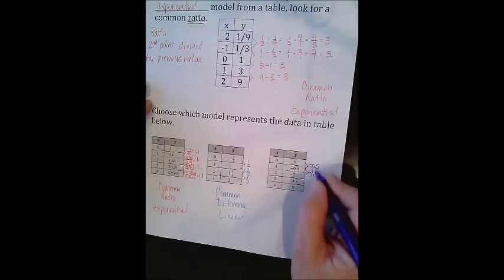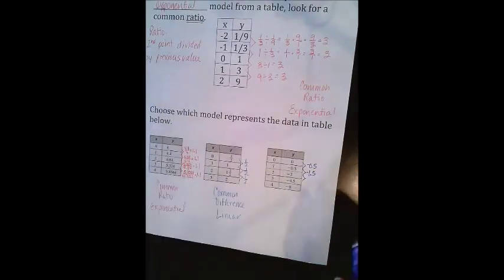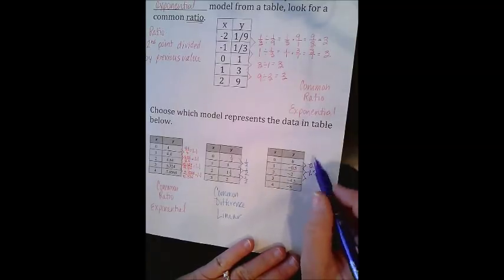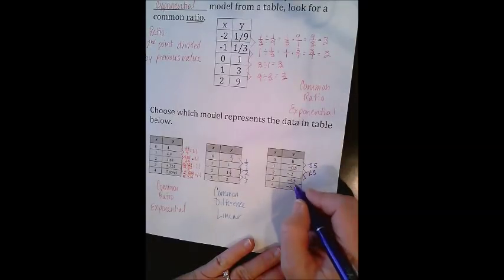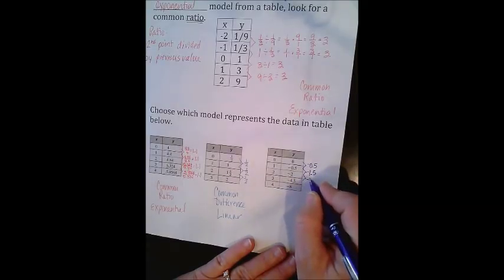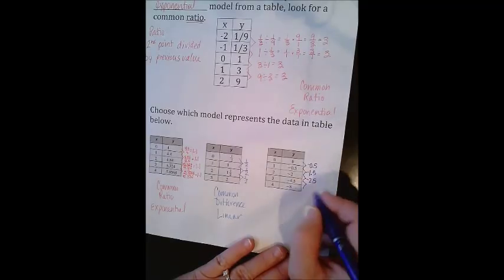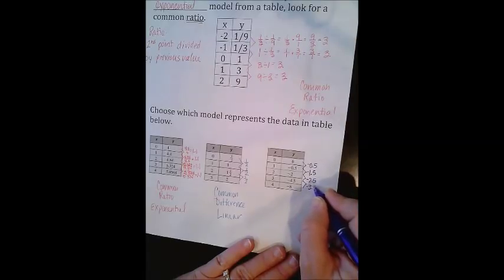Okay, so I don't have a common difference. Let's go see what we've got, and if we need to go another round, we can. -4.5 minus a -2 is -4.5 plus 2, which is -2.5. And -8 minus a -4.5 is -8 plus 4.5, which is -3.5.